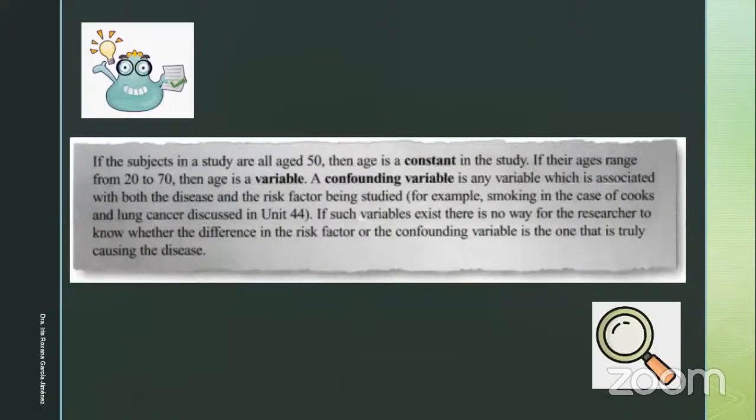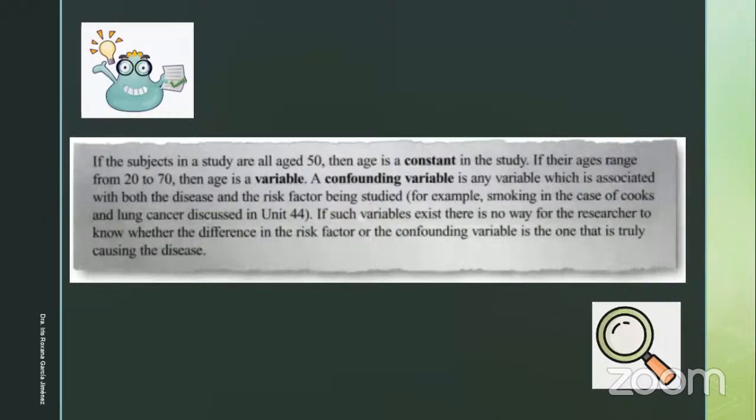Well, again, in the black words, we can say, if the subjects in the study are all aged 50, then age is a constant in the study because it's a value that is not going to change between our subjects.